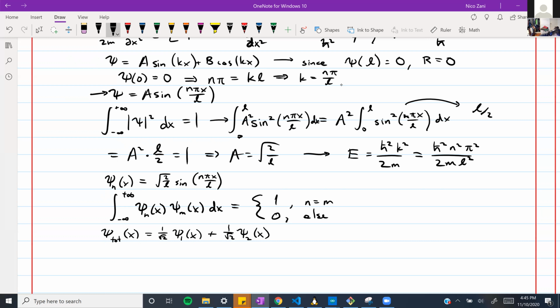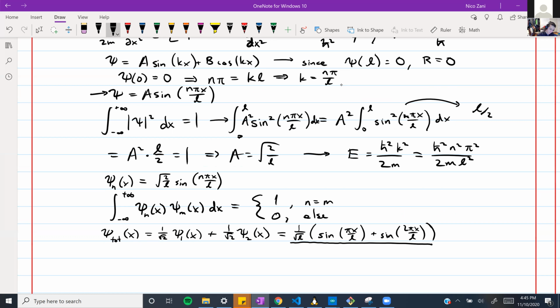And more explicitly, this would actually just be 1 over the square root of L times sine of pi x over L plus sine of 2 pi x over L. All right. And that is our solution. So that is essentially saying that this electron is equally split between the first two states. Any questions there?